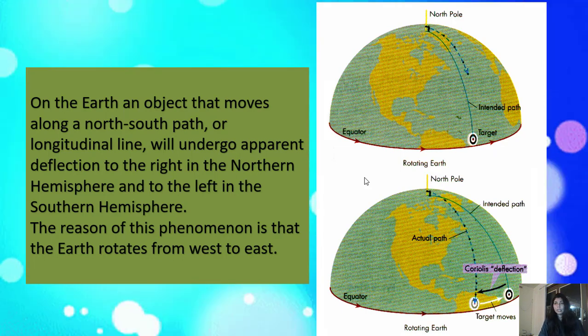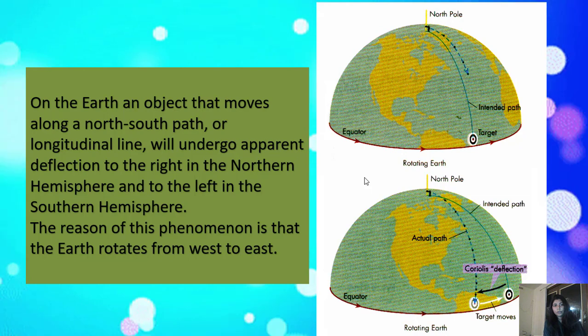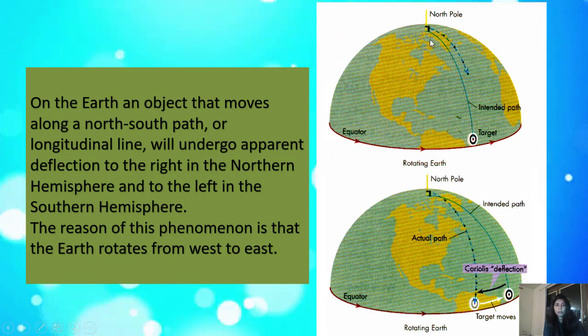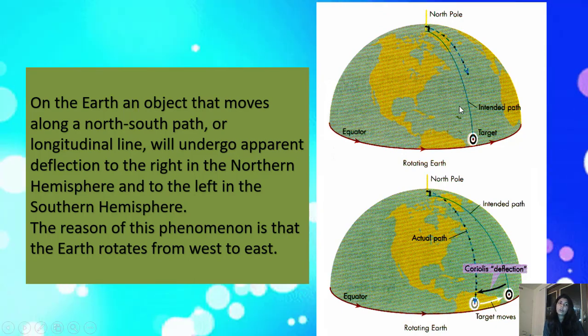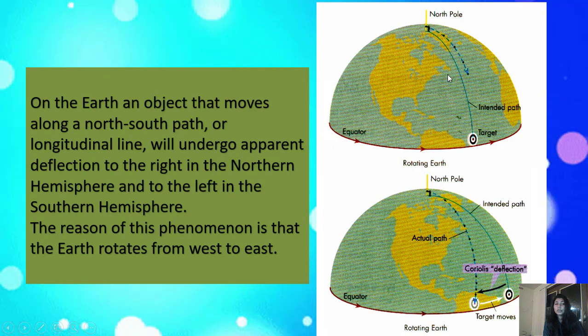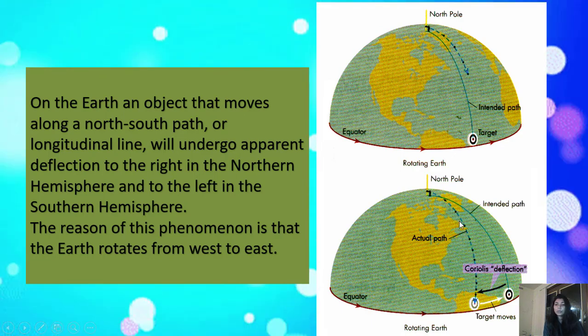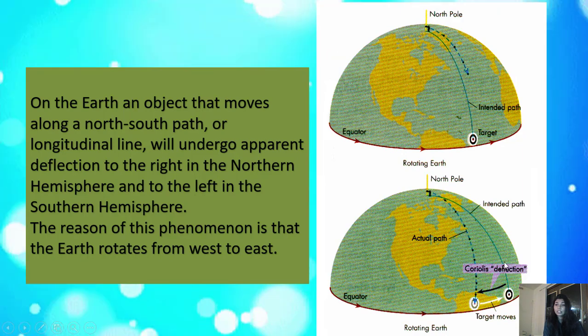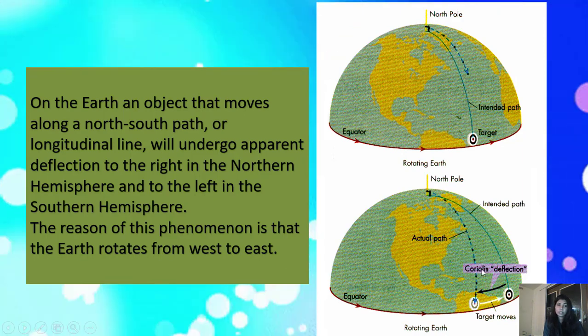So here you can see that on the Earth, when an object moves from north to south along a longitudinal line, it will undergo apparent deflection to the right of its original path. That is due to the Coriolis effect.